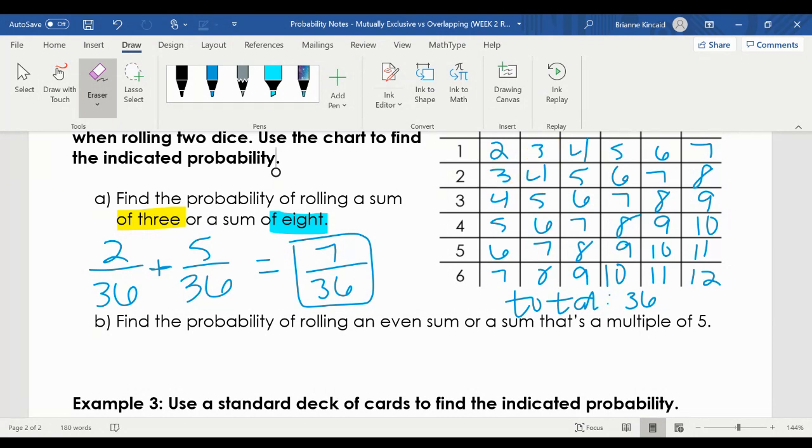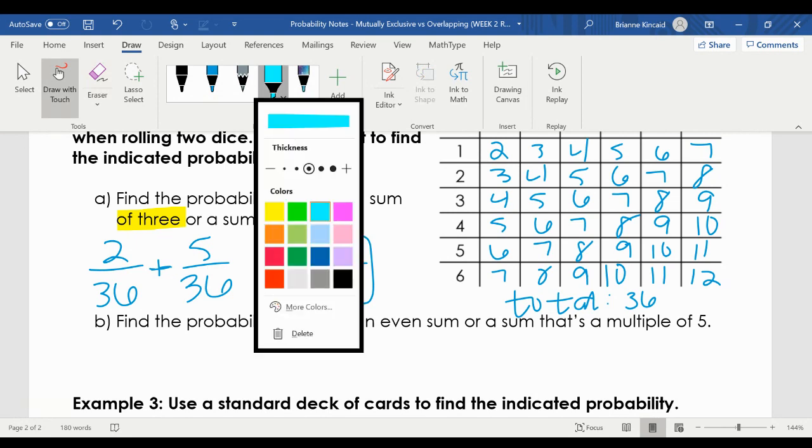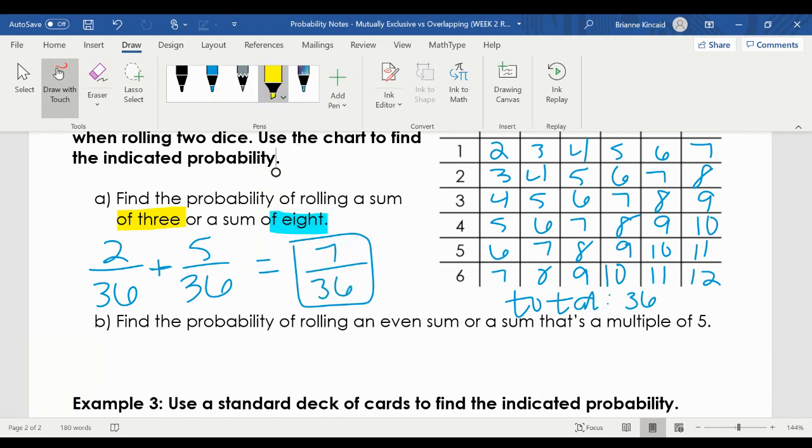Now for the next one, the probability of rolling an even sum, or a sum that's a multiple of 5. So an even sum, we're going to highlight all the even numbers, which is 18 out of 36, plus a sum that's a multiple of 5.